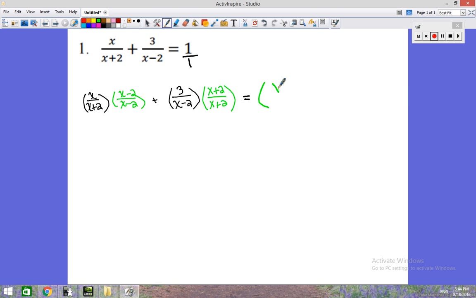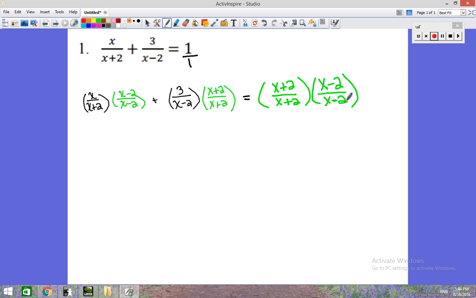So we've got x plus 2 over x plus 2 and x minus 2 over x minus 2. 1 times 1, that's 1. Alright. Now that we have a common denominator everywhere, we've cleared the denominator.